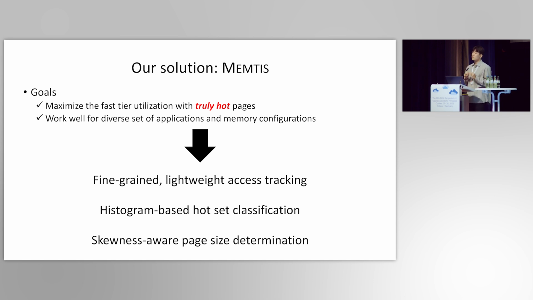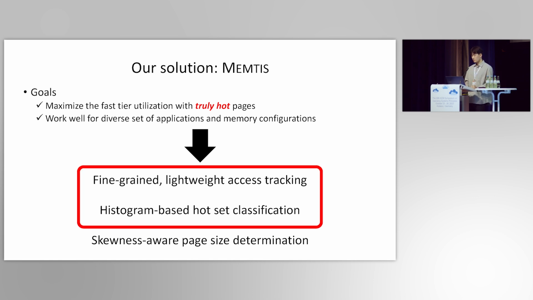Thus, MEMTIS automatically balances the address translation cost and memory access cost by dynamically deciding the most appropriate page sizes. In this talk, I will introduce how MEMTIS tracks memory access and determines hot pages.